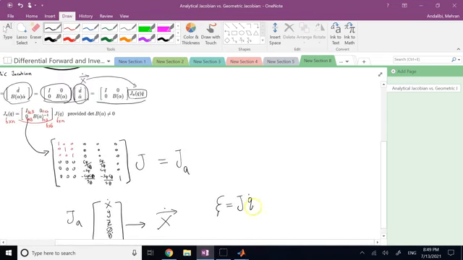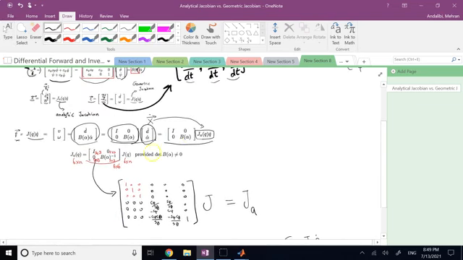And the problem is with this q dot. If you have q dot and J here, you clearly see J is this matrix times J inverse. So J is this times J analytic.